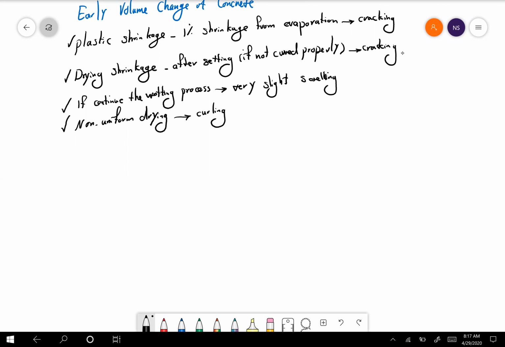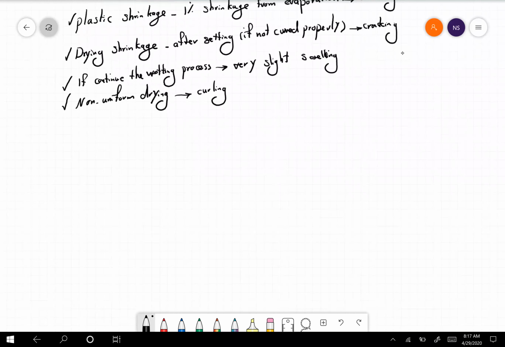So curling happens because of the non-uniformity in the curing or drying process.